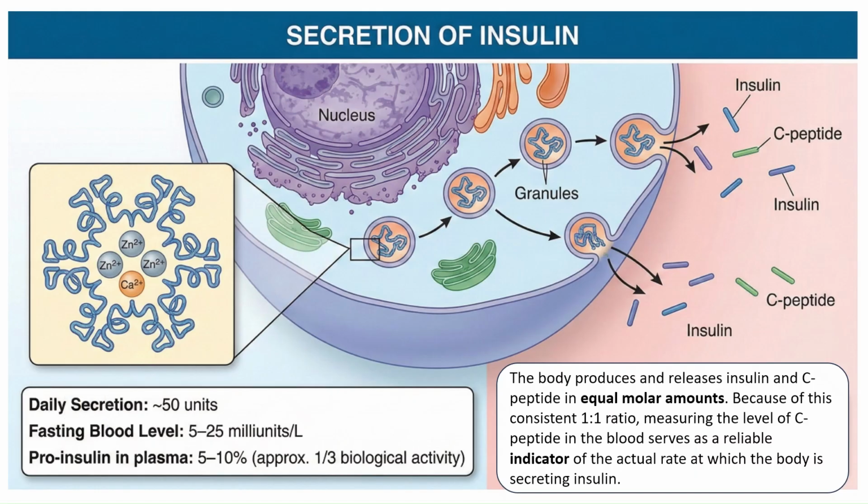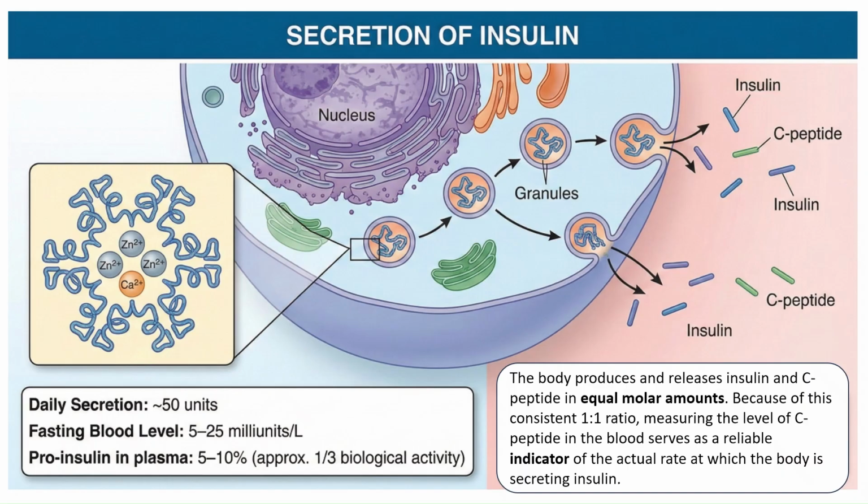Next, coming to the secretion of the insulin. The secretion and the clinical measurement of insulin involves specific molecular structures and predictable concentrations in the blood. First, coming to the molecular storage and the structure. Insulin is stored within specialized granules inside the beta cells.